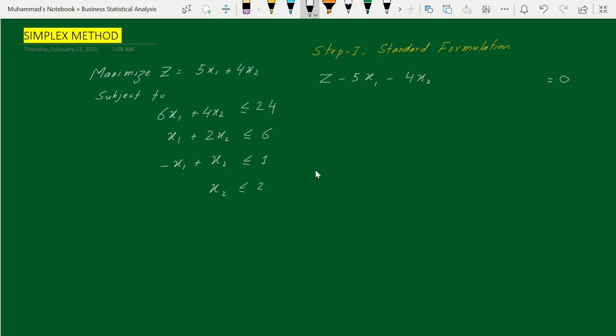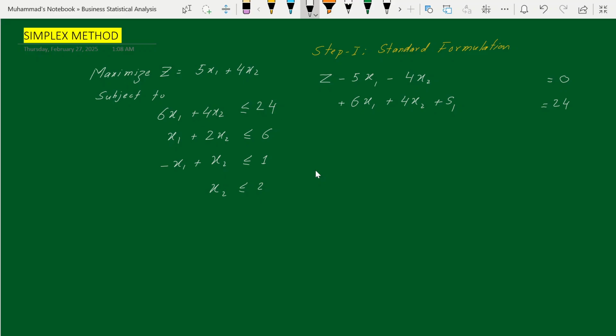Here it is: 6x1 plus 4x2. Since we have a less than constraint, in order to make it equal, we add a slack variable, and I represent the slack variable with s1. So 6x1 plus 4x2 plus s1 is equal to 24.